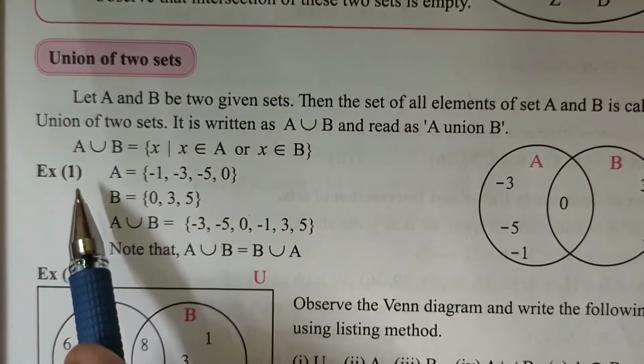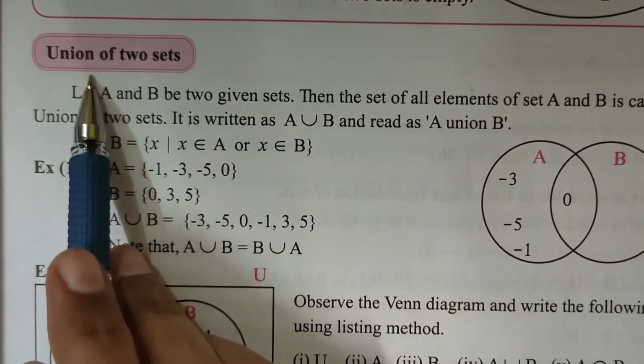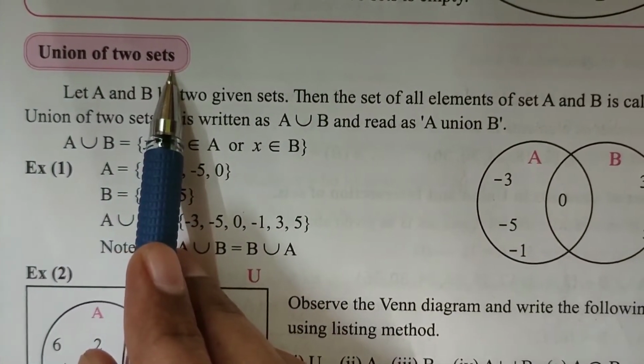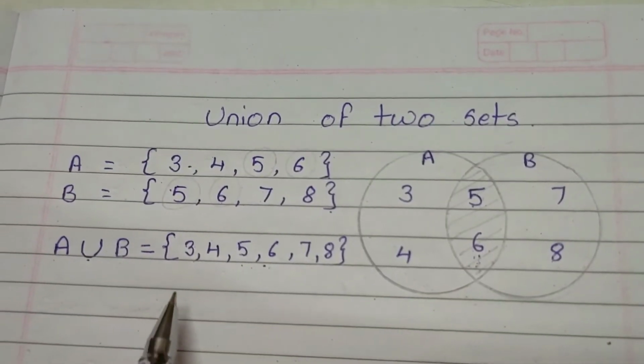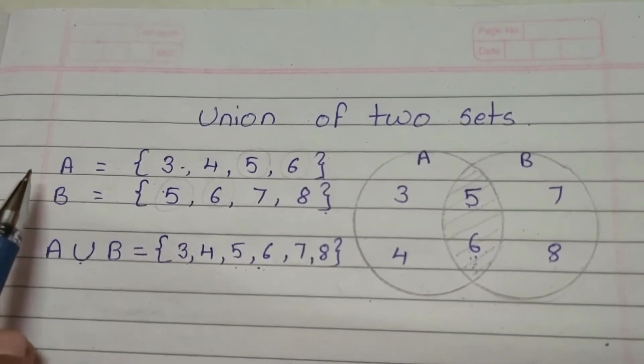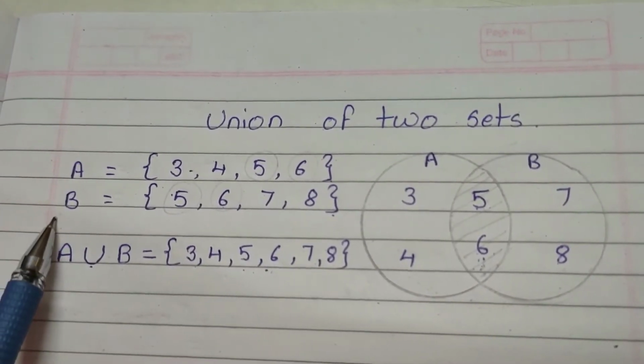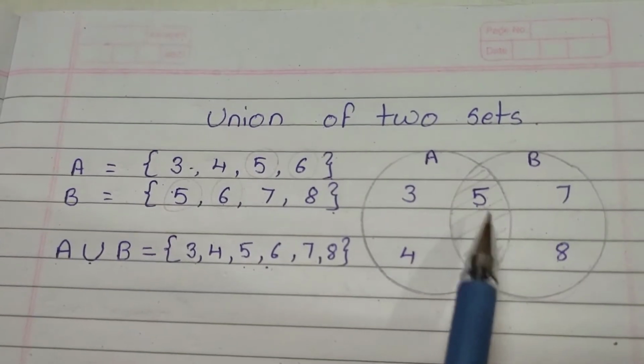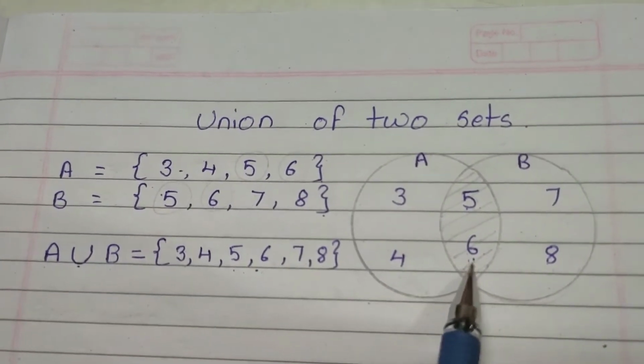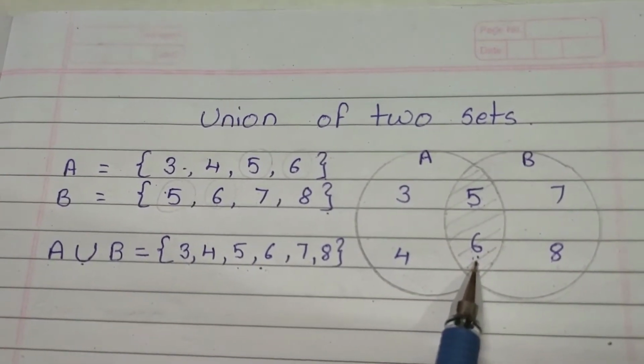Let's move toward the next operation, union of two sets. Let's consider this example. I have set A and set B, which contain some common elements too. That is called the intersection of two sets.